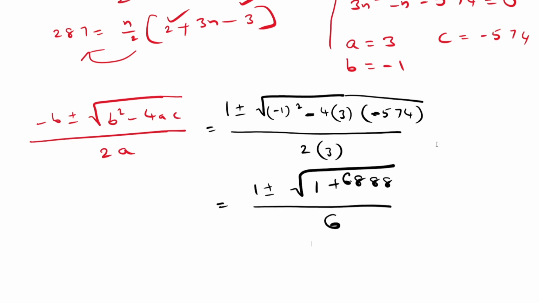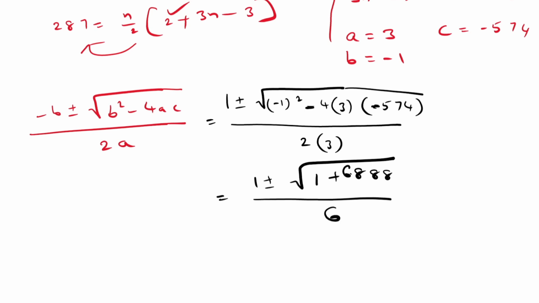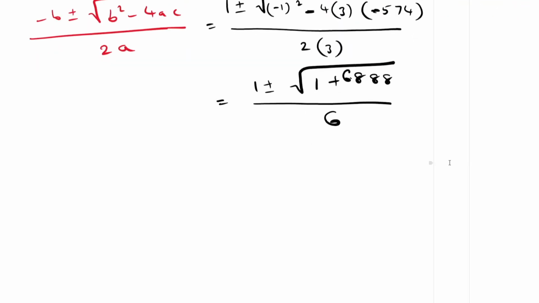Now let us simplify further, especially inside the under root. 1 plus or minus under root 6888 plus 1 is 6889, divided by 6. Let us find which number's square is 6889, that is 83.